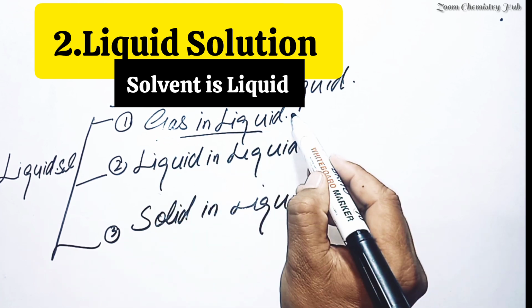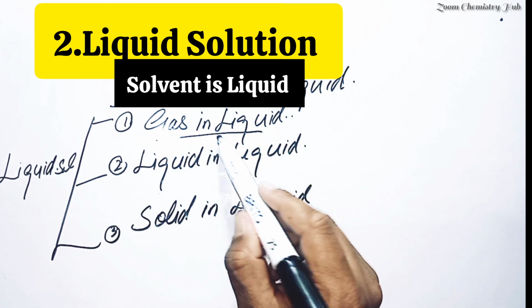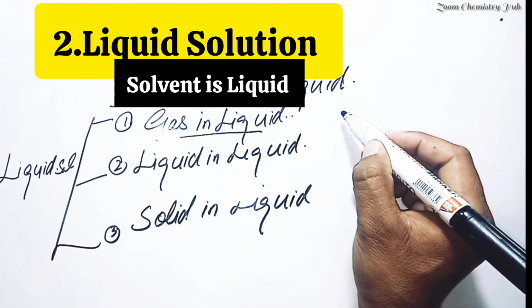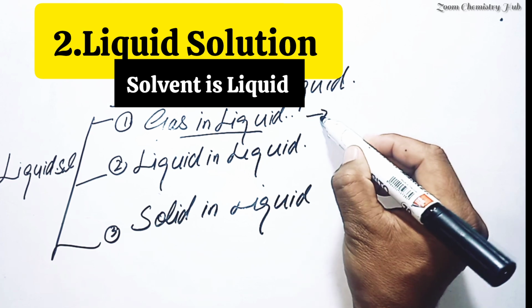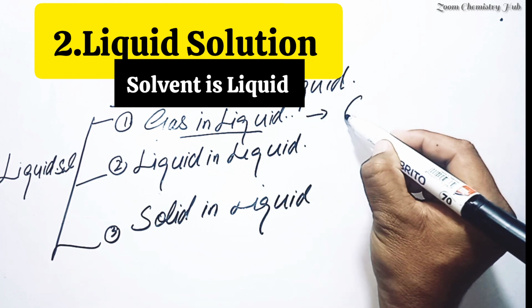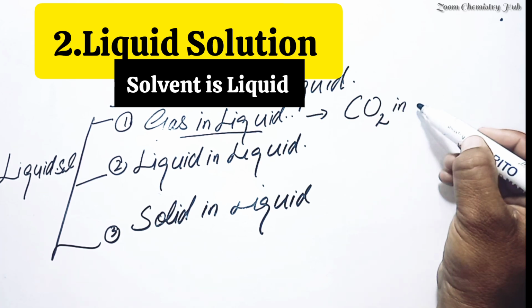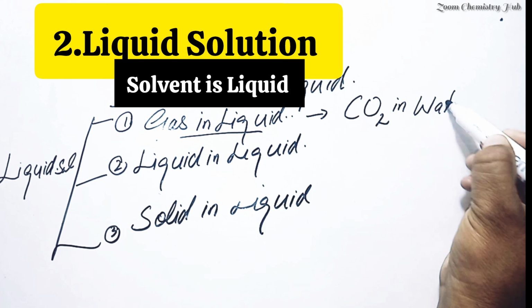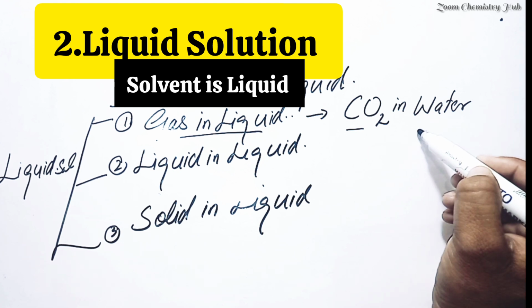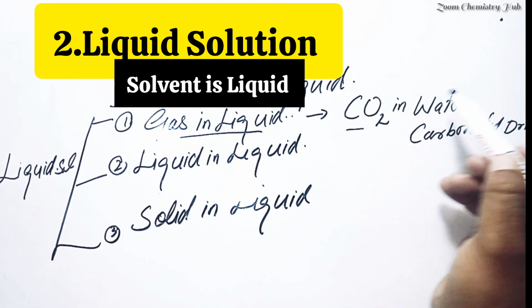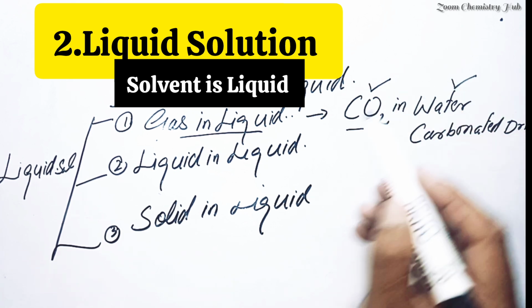First we will take the example of gas in liquid. The example of gas in liquid is carbon dioxide gas in water, that is the carbonated drink or soft drink, that is CO2 in water. Here the solvent is water and solute is carbon dioxide.